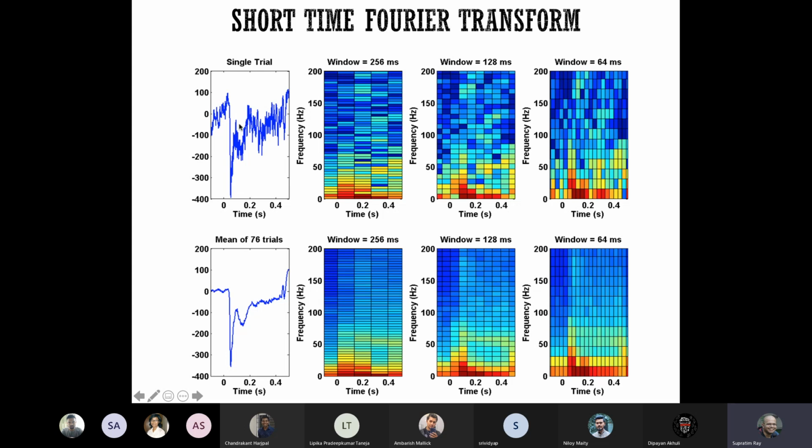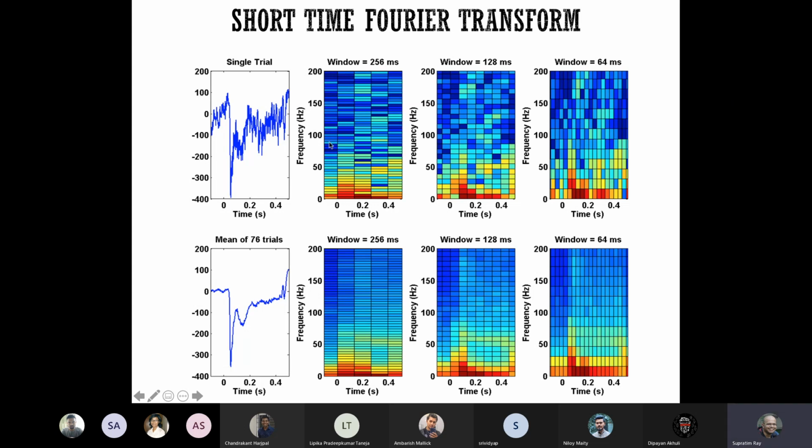This is a single, individual trial, the duration of which is, I think, minus 0.1 to 0.5 seconds. And you can apply a window whose length is 256 milliseconds, and then compute the Fourier transform. So suppose the window is placed here at the center, and then you compute its Fourier transform.